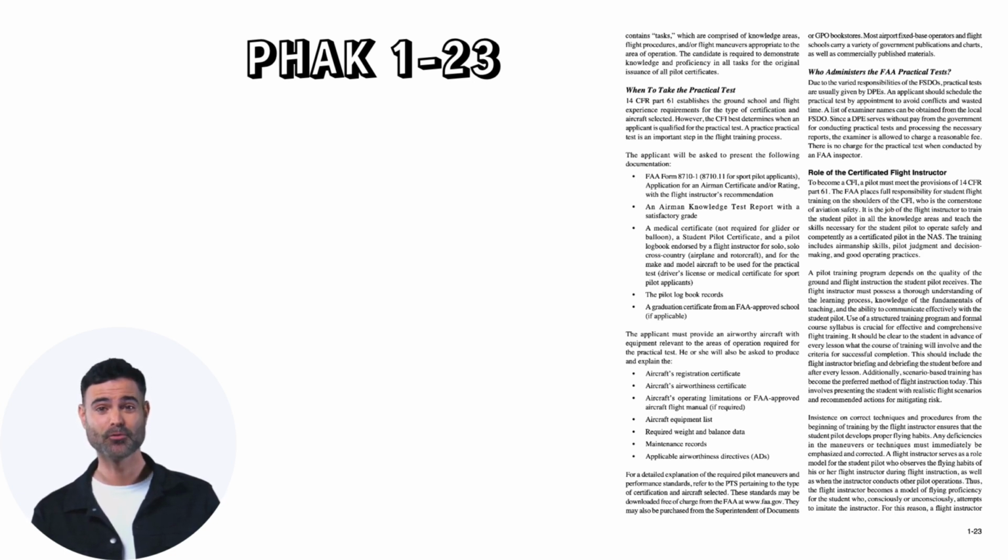The applicant must provide an airworthy aircraft with equipment relevant to the areas of operation required for the practical test. He or she will also be asked to produce and explain the aircraft's registration certificate, airworthiness certificate, operating limitations or FAA-approved aircraft flight manual, if required, aircraft equipment list, required weight and balance data, maintenance records, and applicable airworthiness directives, ADs.